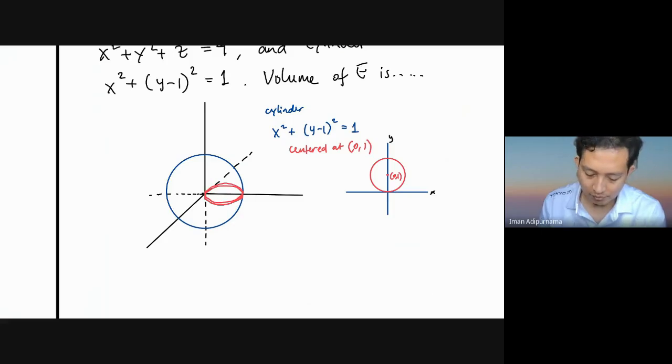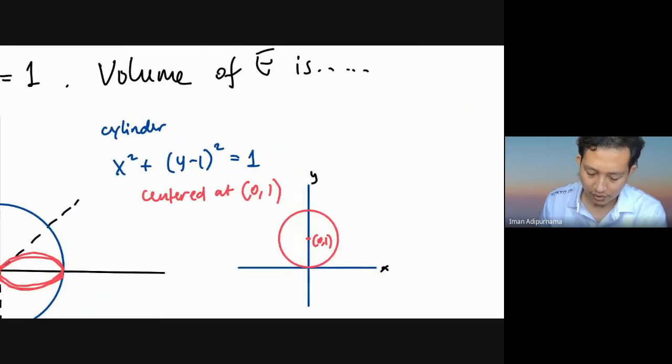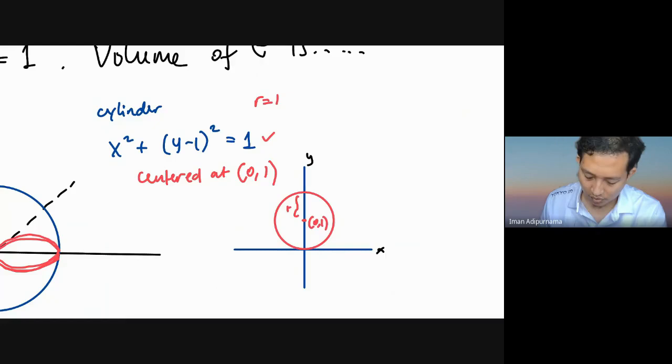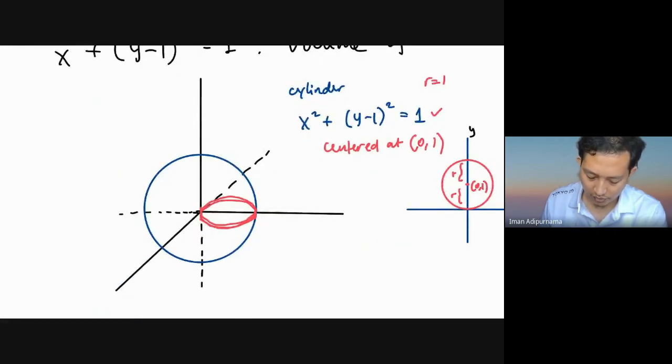But the interesting part is it has the radius of 1, right? R is 1. So this is R, right? But the radius of the sphere is 2. So it's quite interesting in terms of the forms, right?